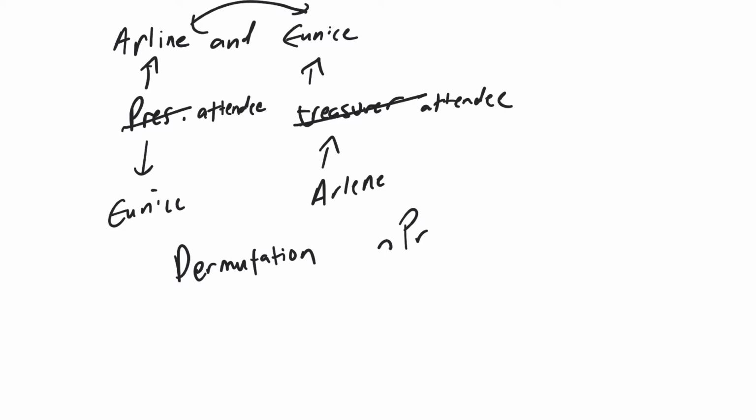Now, does it matter if I put Arlene as the first attendee and Eunice as the second attendee, or Eunice as the first one and Arlene as the second one? No, it doesn't matter anymore. So this just went from being a permutation in part A to being a combination in part B. Doesn't matter which order we select them in. One's not more important than the other one.